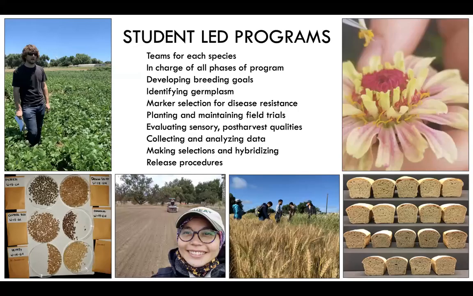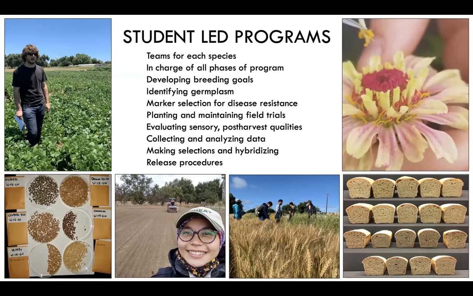Again, these are student-led programs. So it's organized into teams for each species, although a lot of students go between projects as well. The students are in charge of all phases of the program, from developing breeding goals to identifying germplasm. We do marker selection for resistances in the tomato project as well as the bean project.